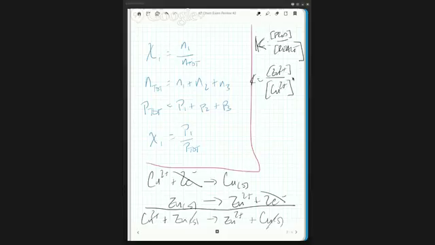And that can tell you the zinc 2 plus builds up and the copper 2 plus decreases as time goes on. So K looks like it's getting bigger because it's going further and further towards its completion.